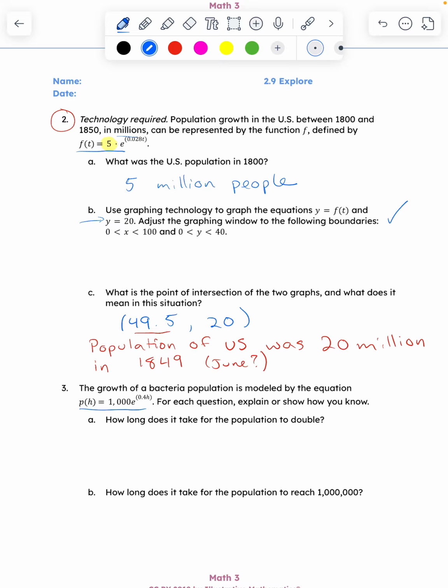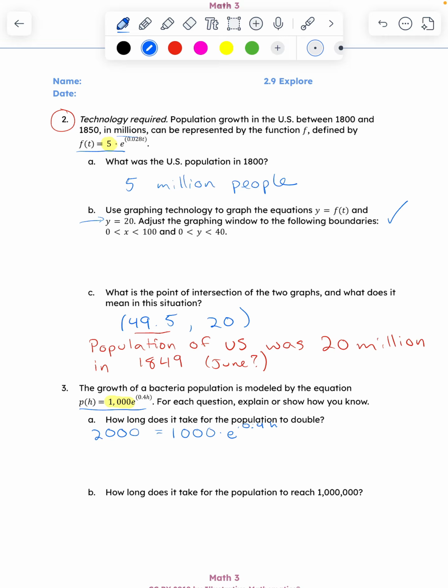Well, our starting value is 1,000. So when we double, our value will be 2,000. So we can say, how long does it take our population to get to 2,000? By setting P of H equal to 2,000 and solving the equation that we get, 0.4H.